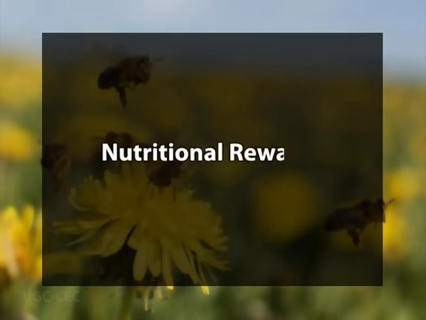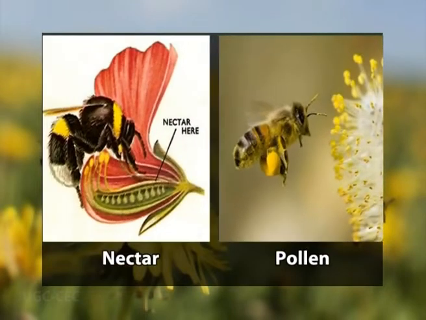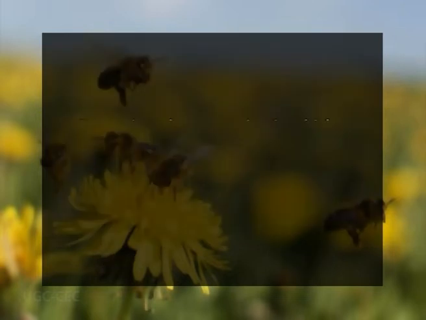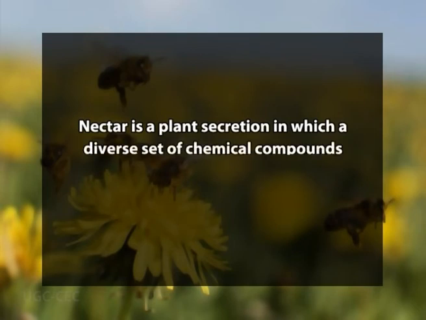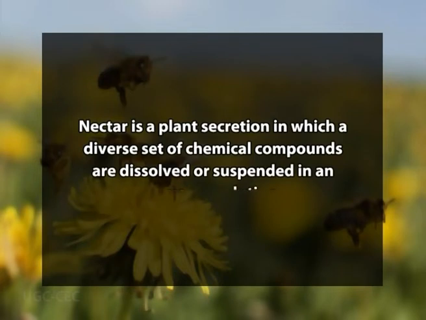Let us first talk about nutritional rewards. Nectar and pollen are the primary rewards offered by plants to their pollinators. Nectar is a plant secretion in which a diverse set of chemical compounds are dissolved or suspended in an aqueous solution.